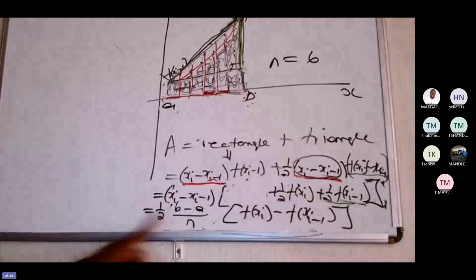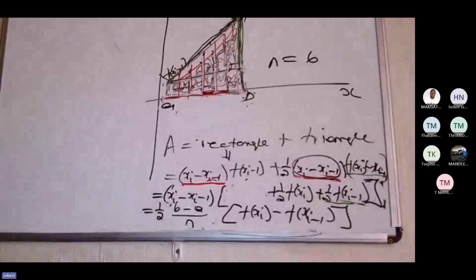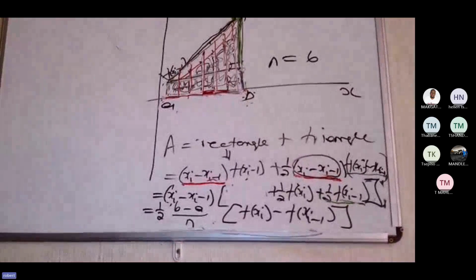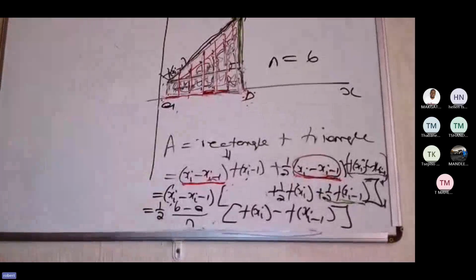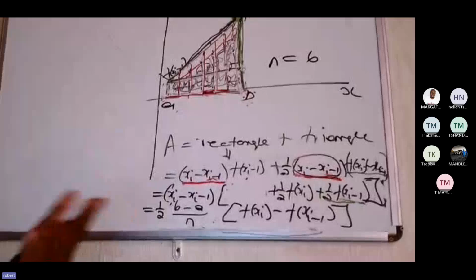And this is what is called the trapezoidal formula or rule for approximating the area under the curve.